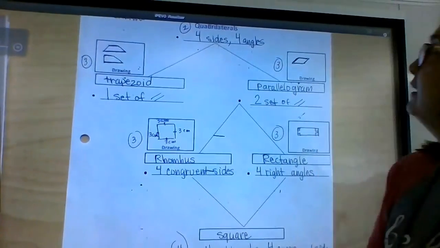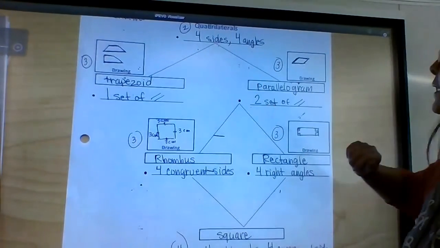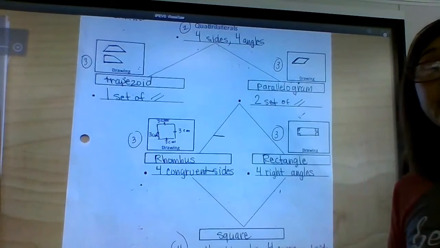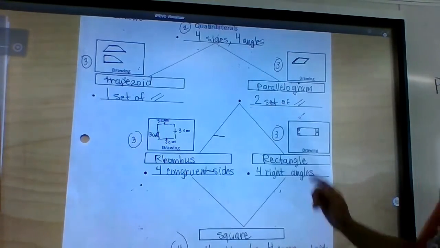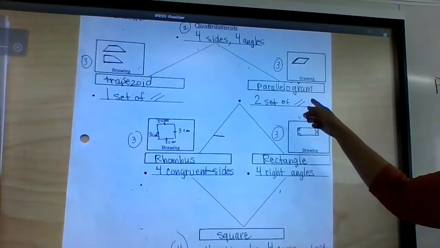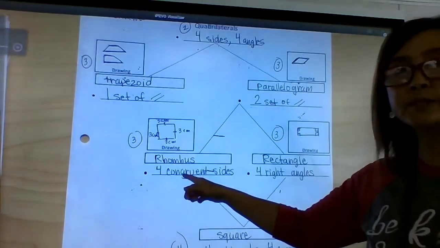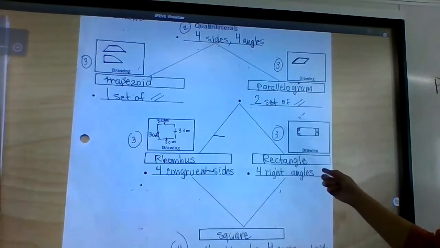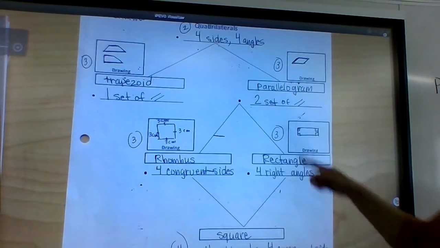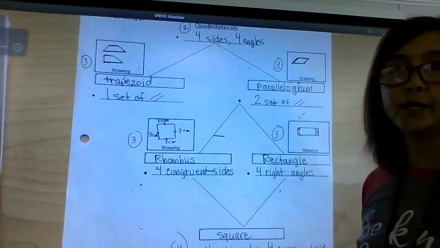All right. At the very top it says quadrilaterals. So again, everything on here is classified as a quadrilateral. We've already said trapezoids are a quad, parallelograms are a quadrilateral, rhombuses are a quadrilateral, rectangles are a quadrilateral, and a square. So again, ask yourself, what's a quad? Four sides, four angles.